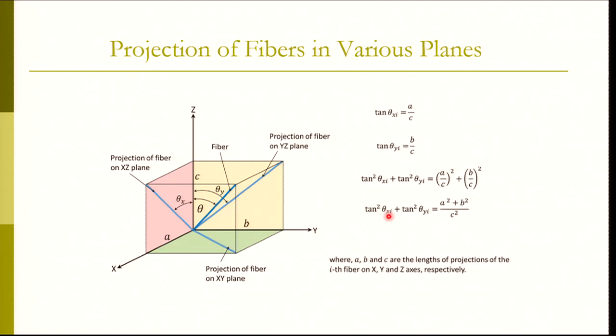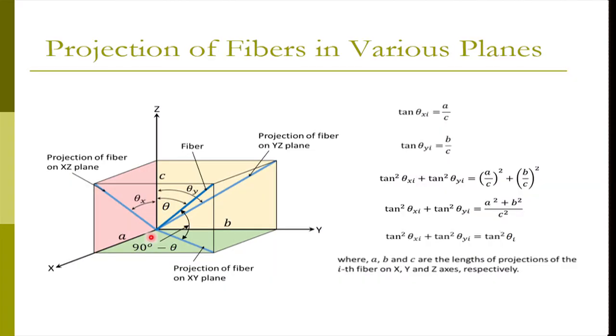So, tan square theta x plus tan square theta y would give you A square plus B square by C square. And the square root of A square plus B square is this side, which is the hypotenuse formed on the xy plane.